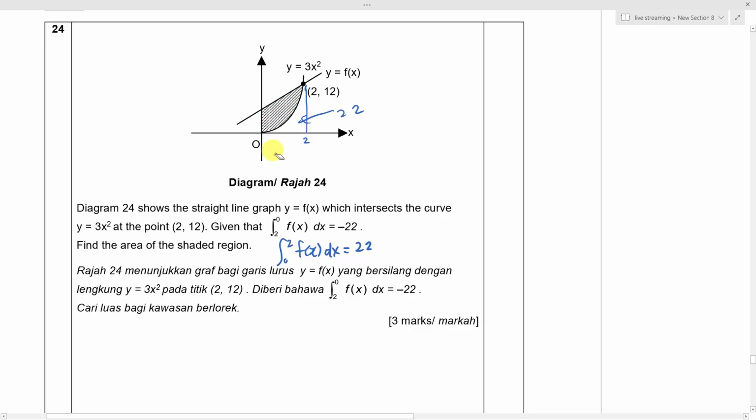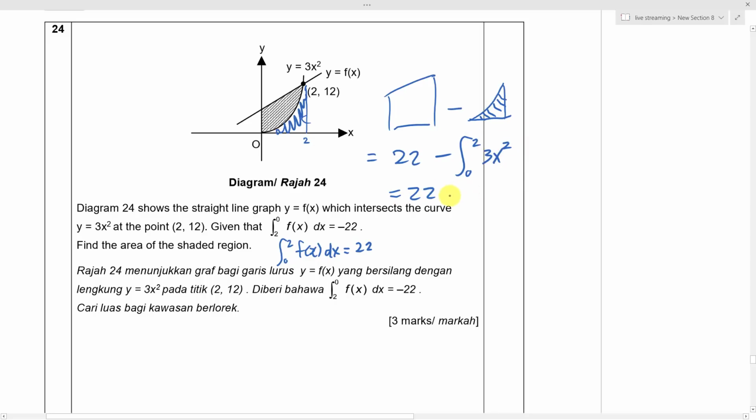But the question asked me to find the area of the shaded region. So what I want to do is use the area of the trapezium and minus the area under the curve. So the trapezium equals 22. For the area under the curve, I need to integrate the curve from 0 to 2, 3x squared.